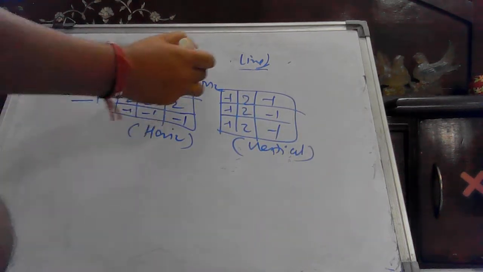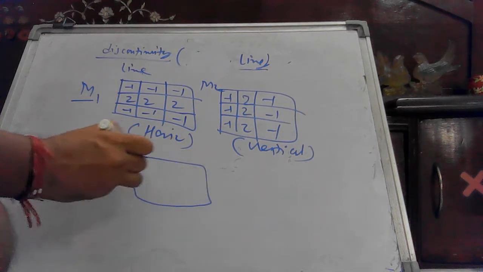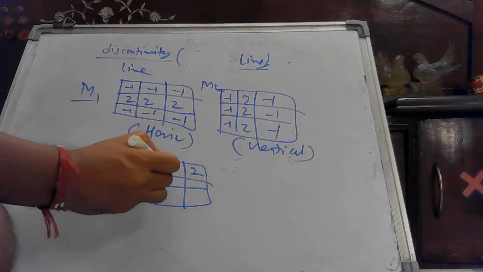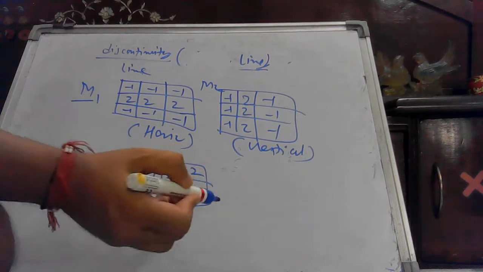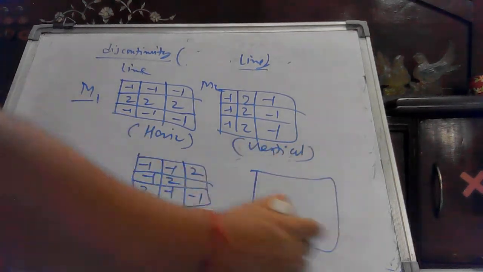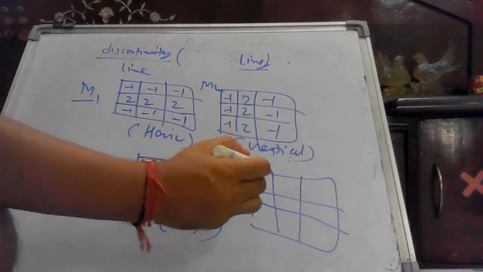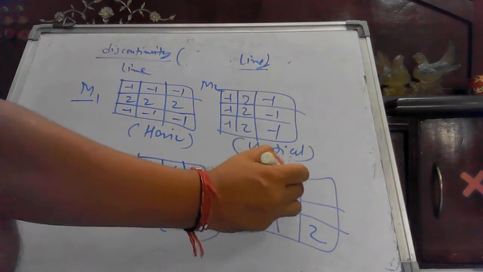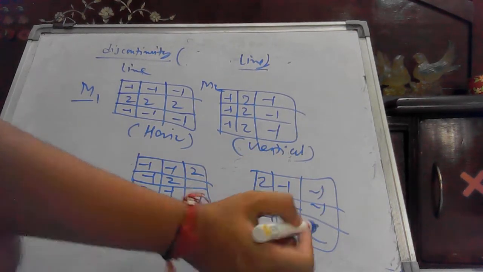And let's say your line is at 45 degrees. If your line is at 45 degrees, then you simply make all these 45 degree points 2, 2, 2, and the rest of the points you make minus 1. If it is a minus 45 degree line, you use another mask: 2, 2, 2 along that diagonal, and the rest minus 1, minus 1, minus 1, minus 1.